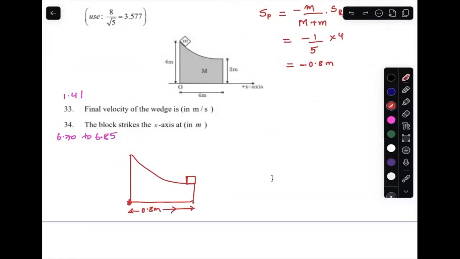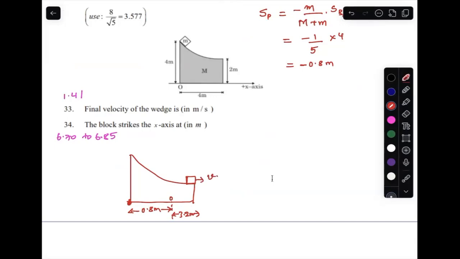Got it. Here is your origin, and this block is at a distance of 0.8 meter. And what exactly is this going to be? 4 by 5 of 4, 0.8. This is going to be 3.2 meter. Yes or no? And this is having some velocity v.